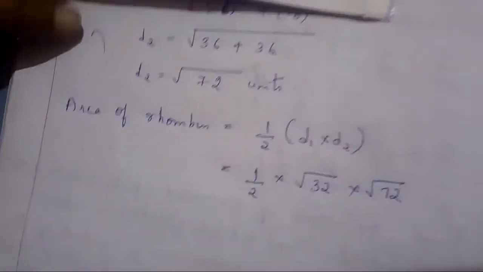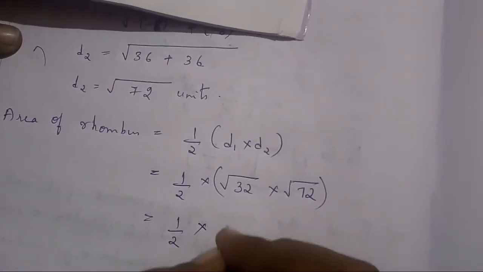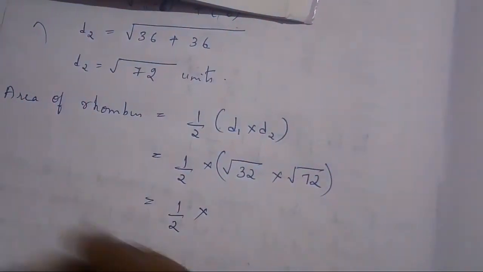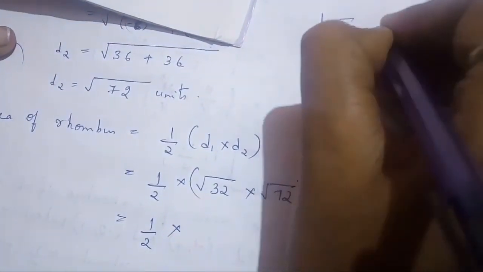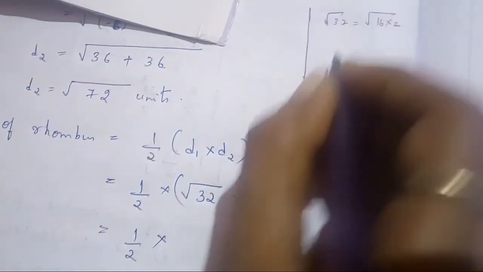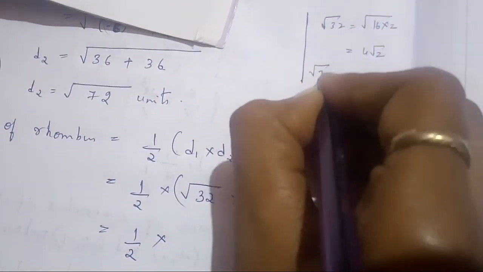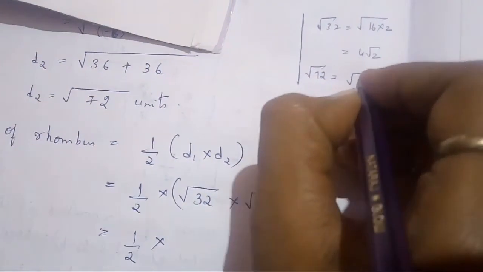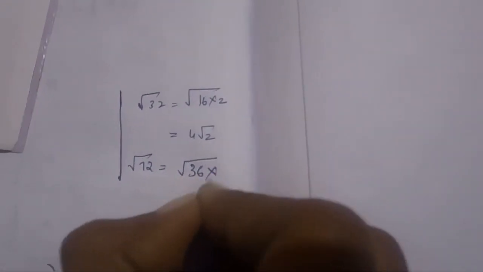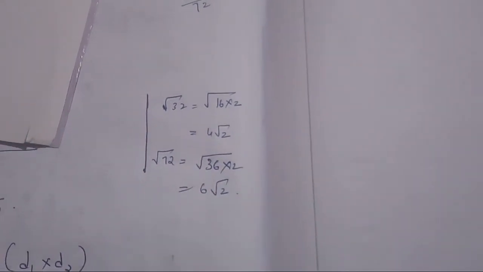Root 32 can be simplified: root 32 can be written as root of 16 into 2, that is 4 root 2. Root 72 can be written as root of 36 into 2, that is 6 root 2.